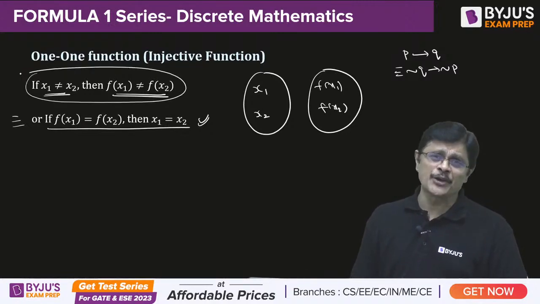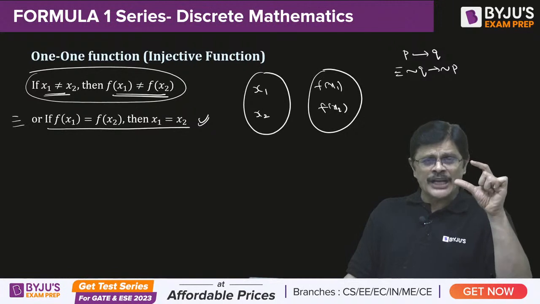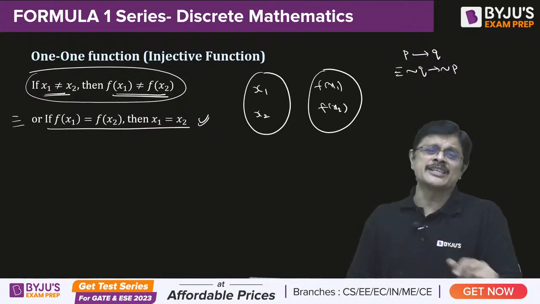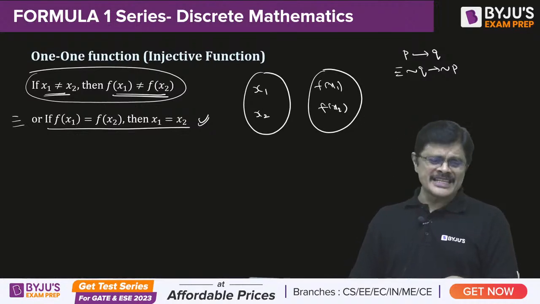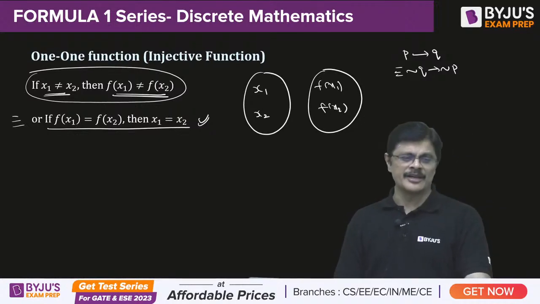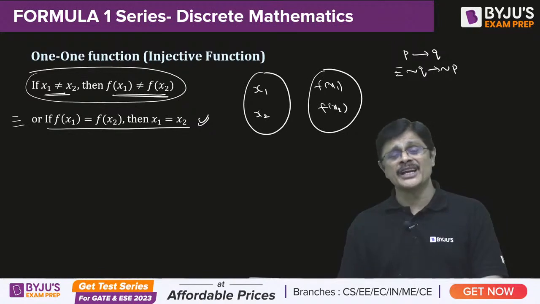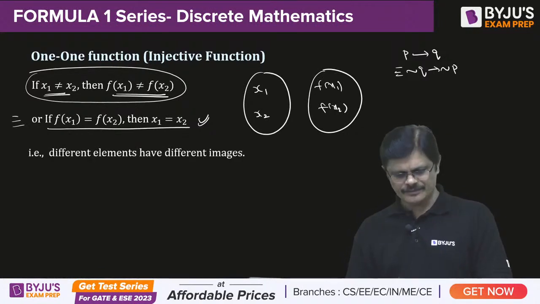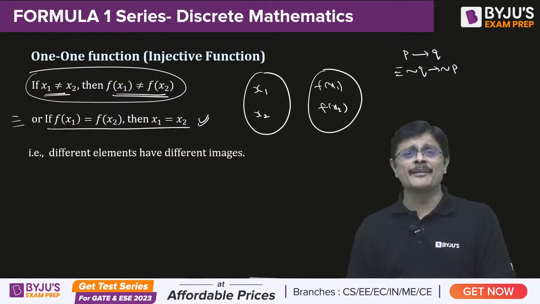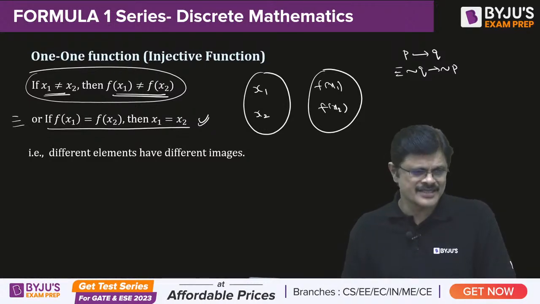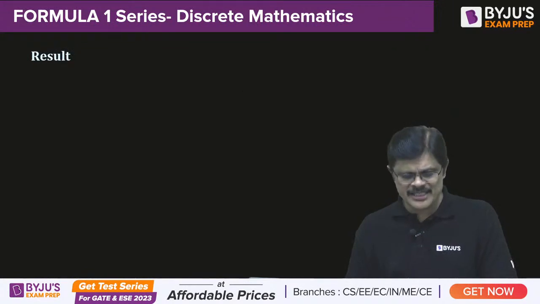Because you have to take every two combination and check whether they are not equal, then check whether their images are not equal. That is very complicated. Therefore, this is the easiest method to verify one-one function, which is the contrapositive of the given statement. So what we need to understand is one-one means different elements should have different images.